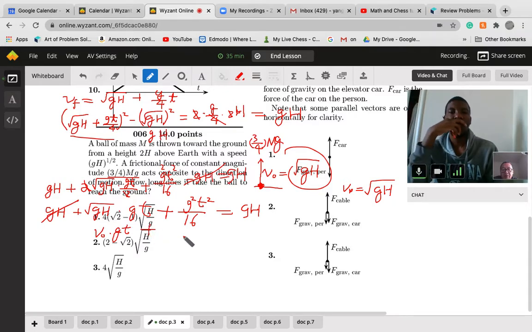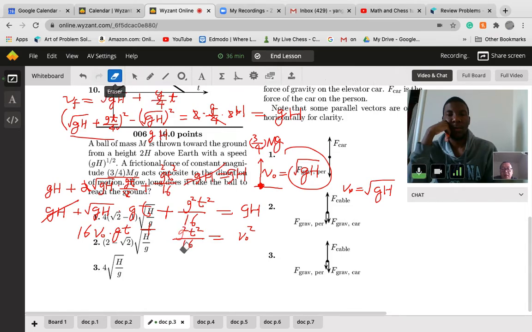Then this term, that's g squared times t squared over 16, will equal v0 squared. Then both sides times 16. So this one will be 16.